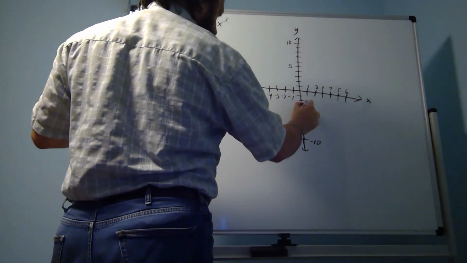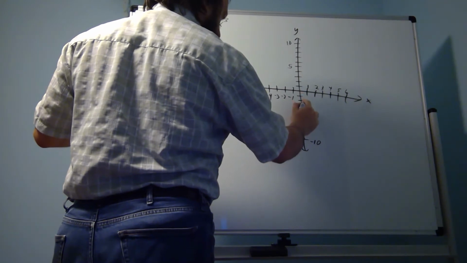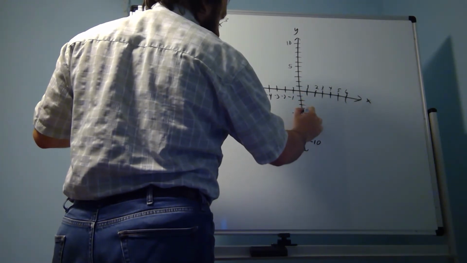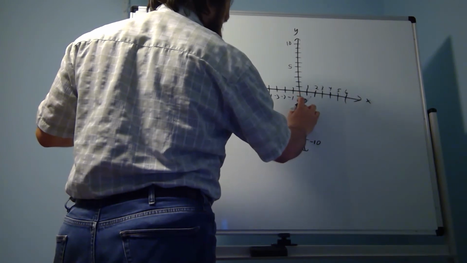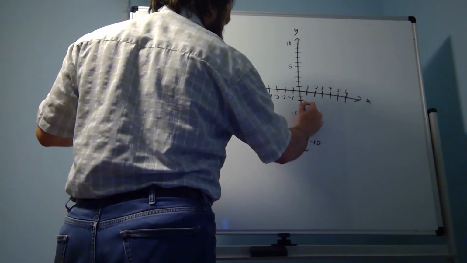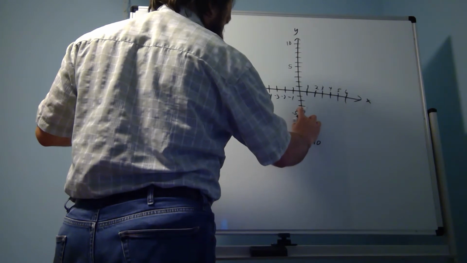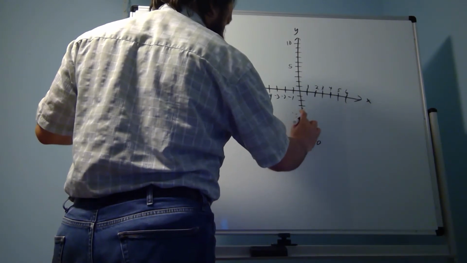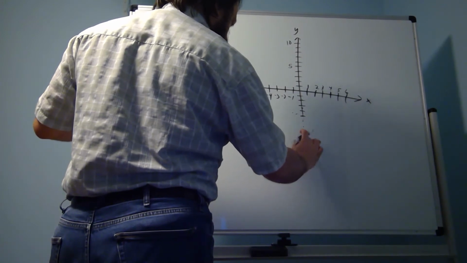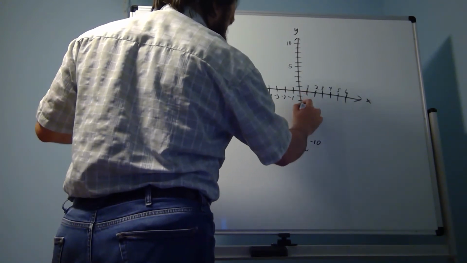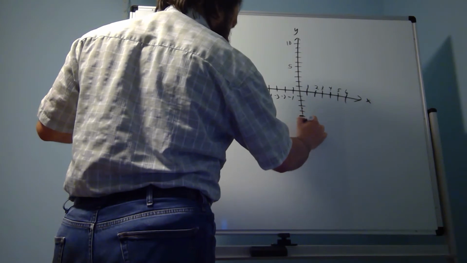1, 2, 3, 4. That's negative 5, right. Some of these I accidentally drew a little too close together, so let me space it out slightly better. 1, 2, 3, 4, 5, 6, 7, 8.